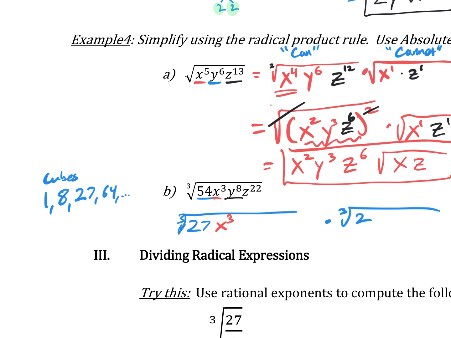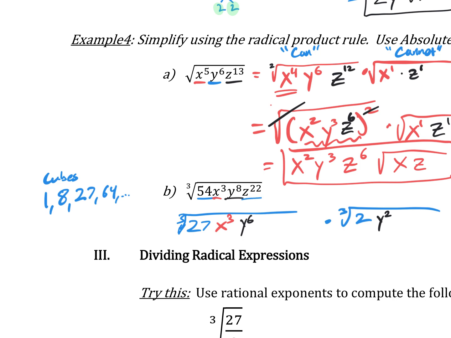The closest multiple of 3 to 8 is y to the 6th. But we have 8 y's, so we need 2 of them over here. All of this has to be equal to this. We have to have all the ingredients. We're just splitting the ingredients up.